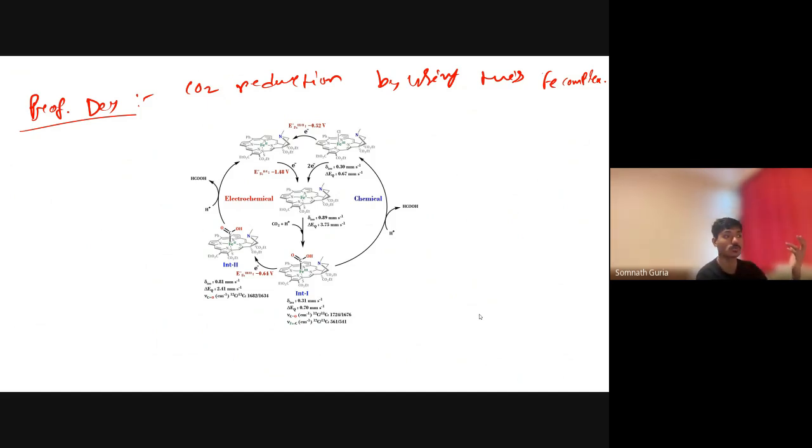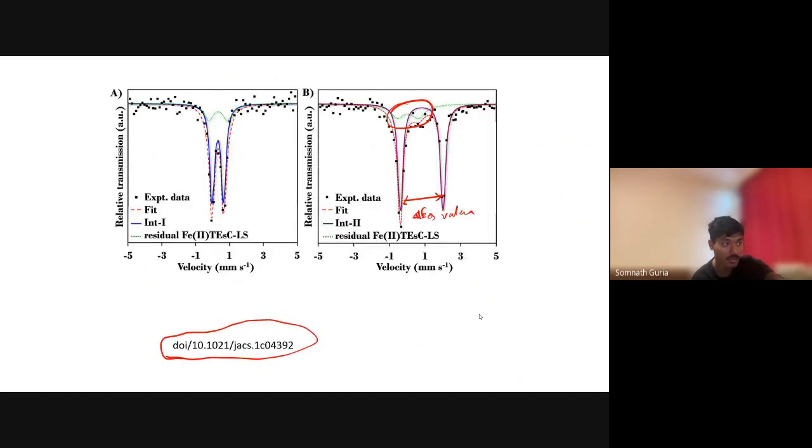They also recorded a bare iron 2 system by Mossbauer, where the delta EQ value for the iron 2 bound system and the free system is different. From that, we can say the system has both the iron 3 and the iron 2 CO2 bound system, as well as the iron 2 free system.